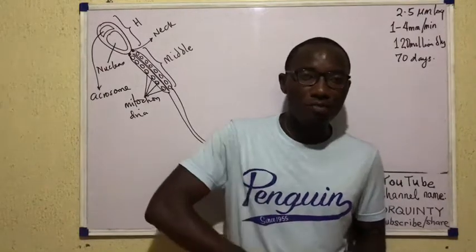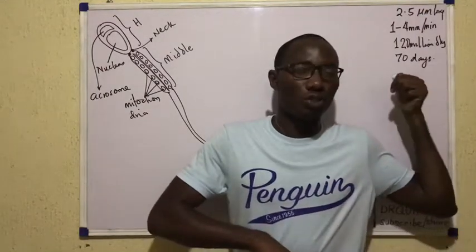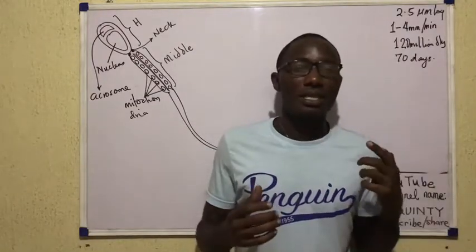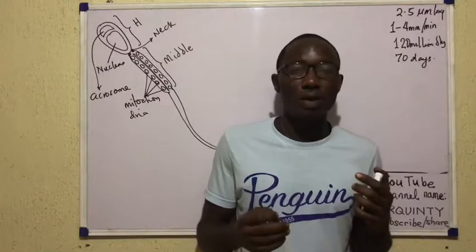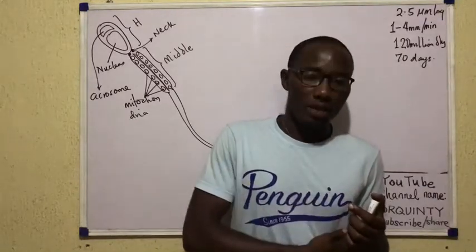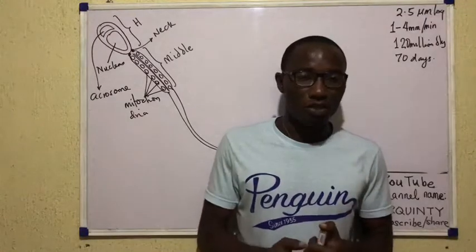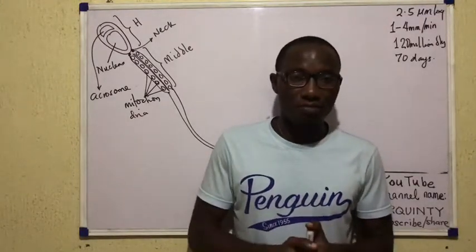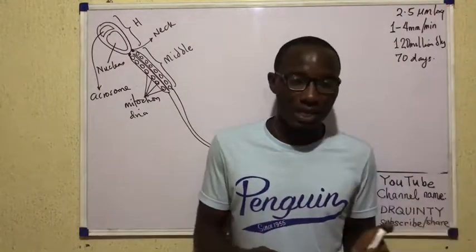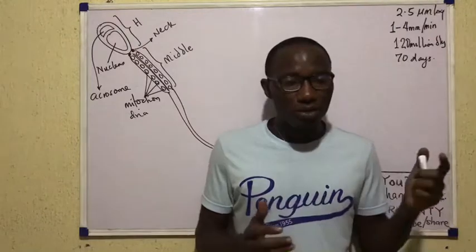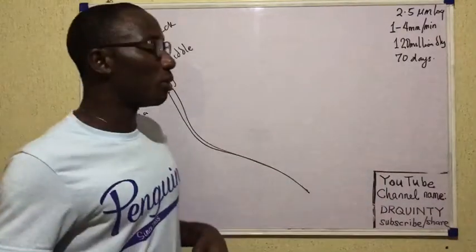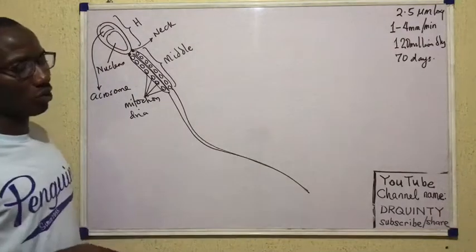If you look at how short the distance that it moves in 1 minute is, you realize that it's a Herculean task for a sperm cell to go from the vagina all the way to the upper reaches of the oviduct where fertilization will take place. In fact, it's said that for a man, it's equivalent to swimming across the Atlantic. So because of the large energy requirements of that journey, the sperm cell has plenty of mitochondria to meet the energy demands.